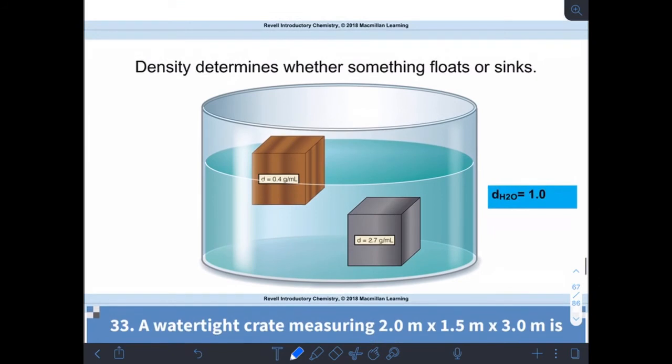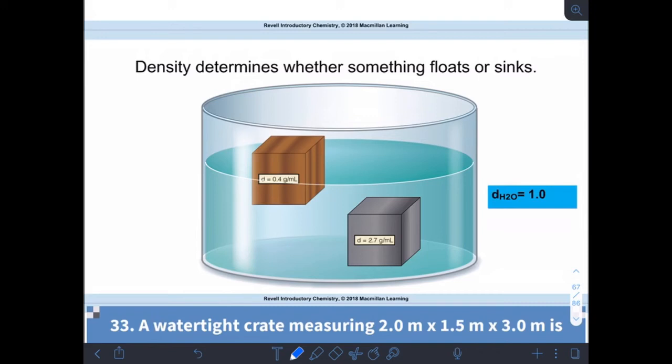Now, density determines whether something will float or sink. Okay, and those are the words that are on this slide. But the point is that if something has a lower density than, for example, water, it will float.